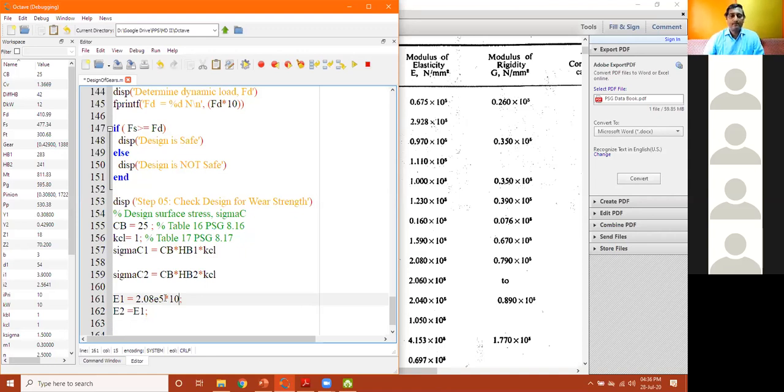Is that right? If by chance I commit some mistake, please let me know. I think it is correct. So this value multiplied by 10 is in kgf per centimeter square, whereas 2.08 into 10 raised to 5 alone is Newton per millimeter square.